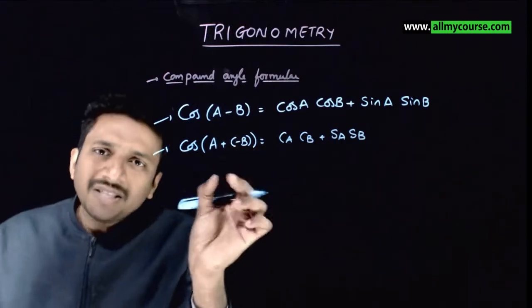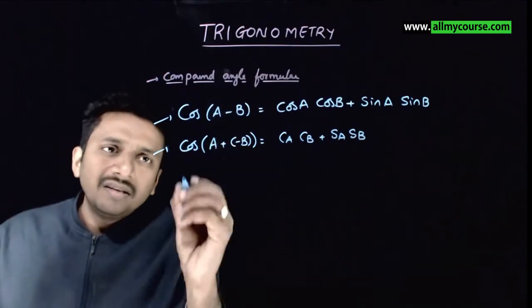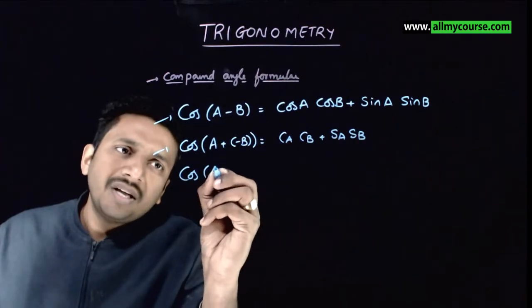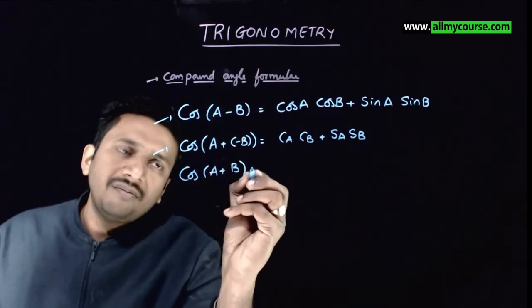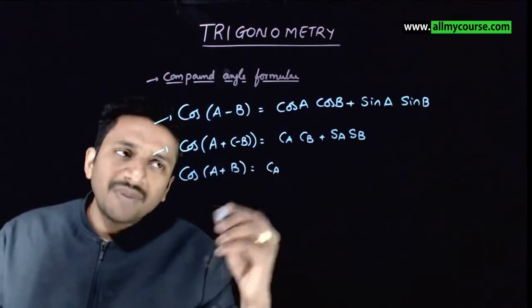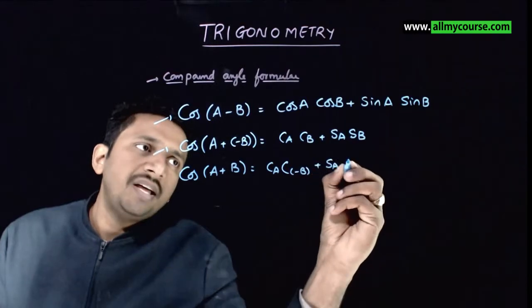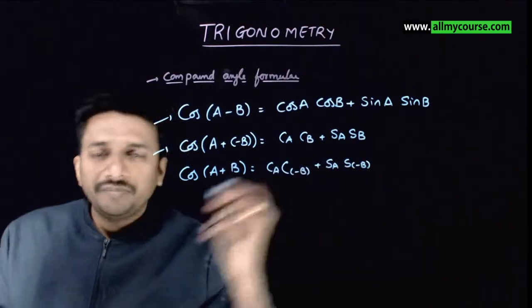Let us assume that minus B is the second angle. If minus B is taken as B, then cos(A plus B) becomes cos A cos(minus B) plus sin A sin(minus B).